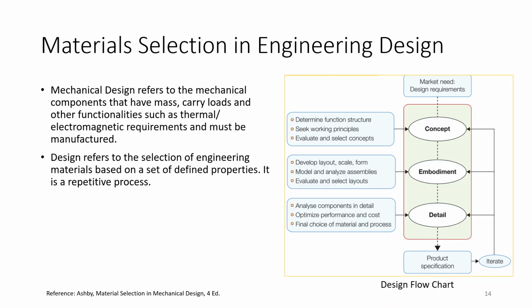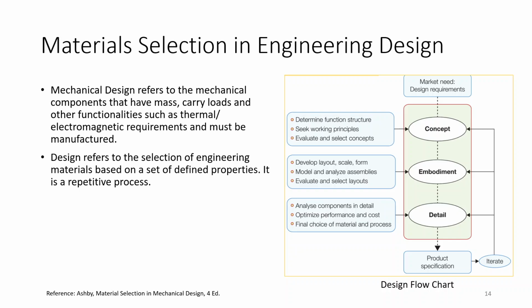So this is the flow chart for selecting materials. Firstly, what is the market need and what are the design requirements. Then based on that you generate a concept, and in this case you have to determine function structure, seek working principle, and evaluate and select various concepts.